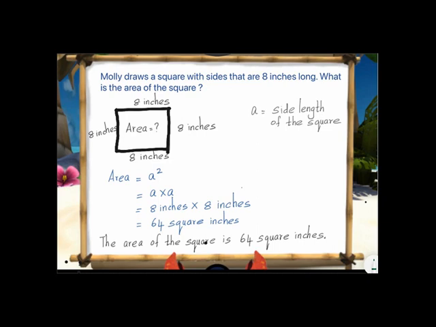Now I am going to draw unit squares of 1 inch and fill the overall area of this square. I can find the area of the square if I count all the full squares inside the square. 1 square inch will look like so.